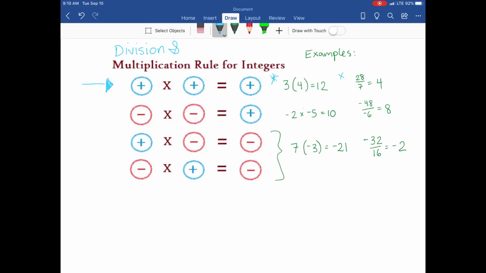And here to the right, you see two different examples of how that looks. Now, the one that we also want to keep in mind is a negative times a negative is a positive. So, example 1 for multiplication, -2 times -5 is positive 10. And one for the quotient for division, -48 divided by -6 is 8.